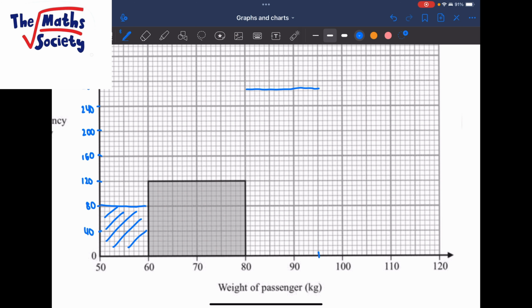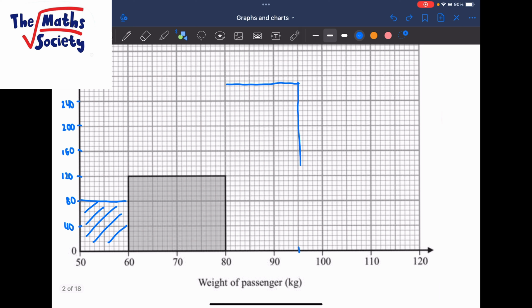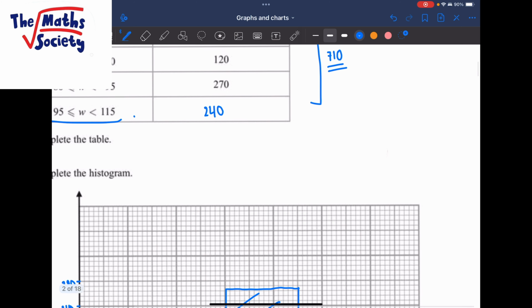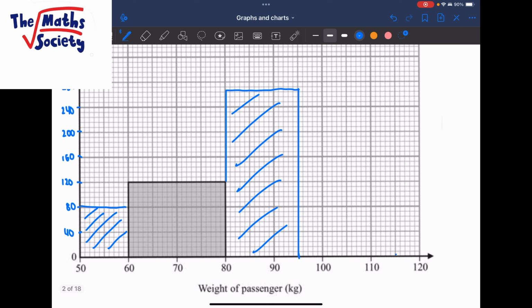Okay, the graph is really bad, but just write this way, then you get the point. And it says 95 to 115 was 240. 115 is right here, so this should be 240, just right here. And that's it. That's your histogram.